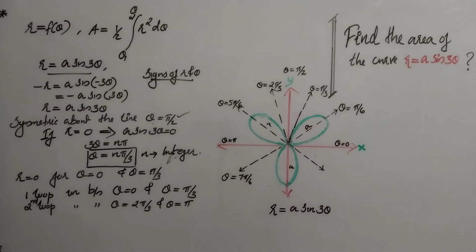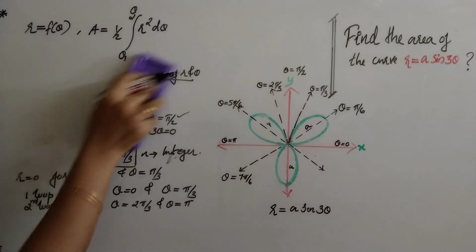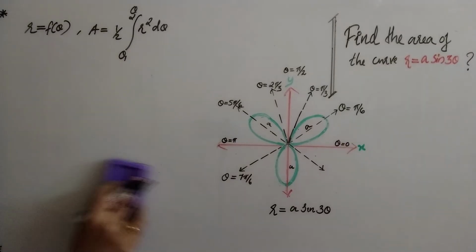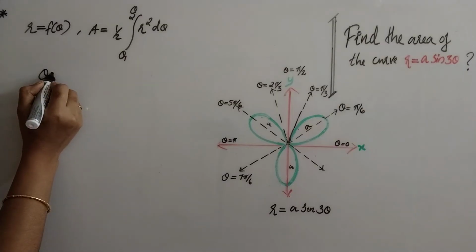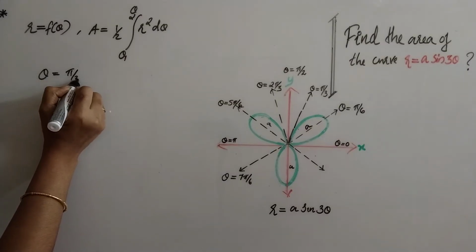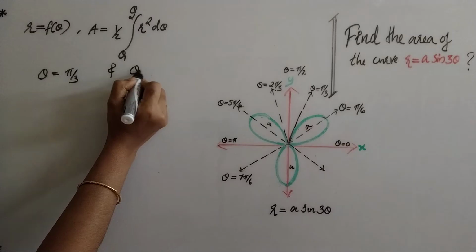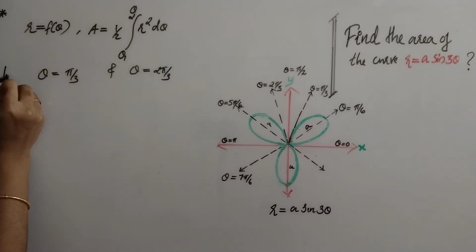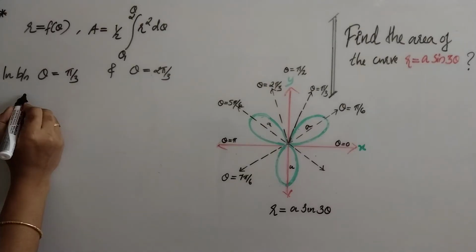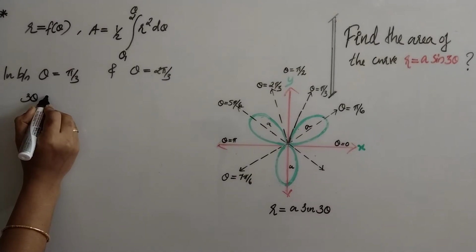And for the value of theta between theta is equal to pi by 3 and theta is equal to 2 pi by 3, what is 3 theta?